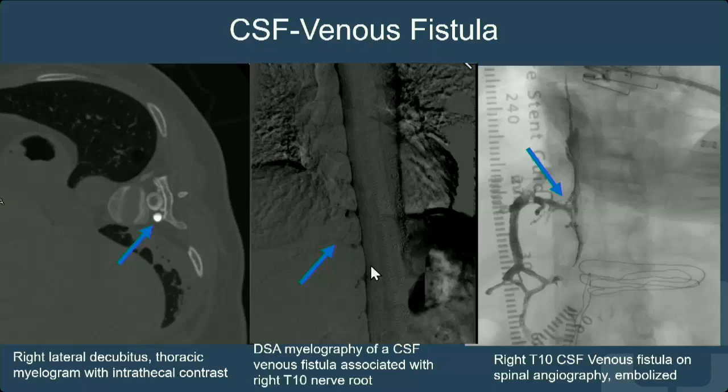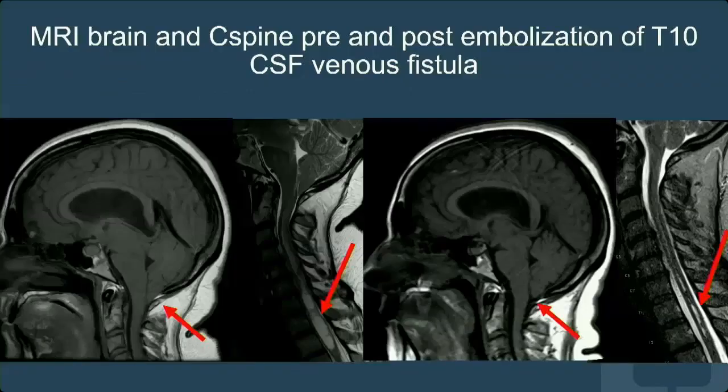And what we see here is very faint, but you can see that there's this connection between the Tarlov cyst and this serpiginous structure that ended up being a paraspinal vein. And then on the spinal angiography, you can see this is much clearer now, right? You can see that it's going into the venous system. So this patient was actually embolized, and it's a striking difference.